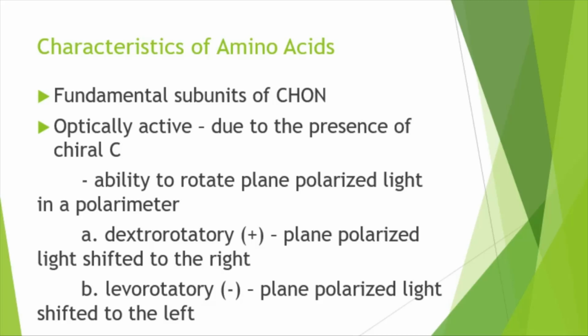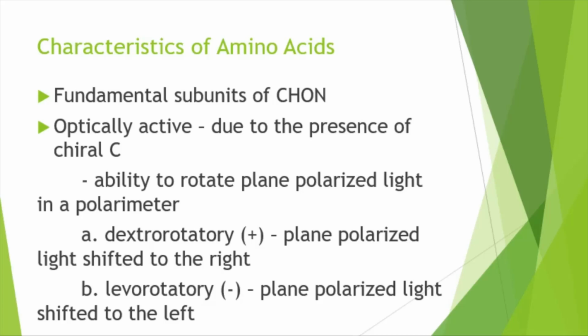Also, your amino acids are optically active due to the presence of a chiral carbon, because your carbon forms four covalent bonds. Because of this, it is characterized as an optically active molecule. When we say optically active, it has the ability to rotate plane polarized light in a polarimeter.